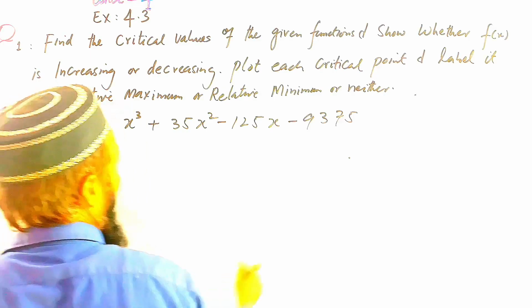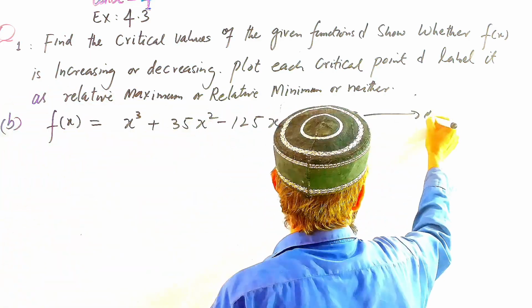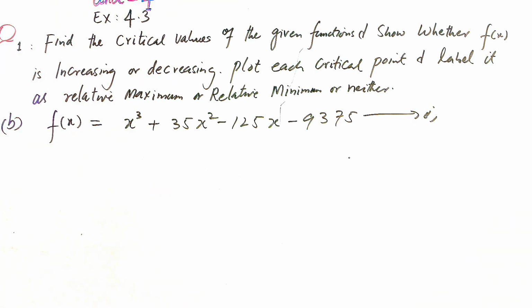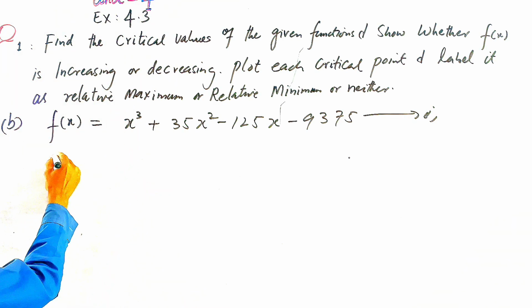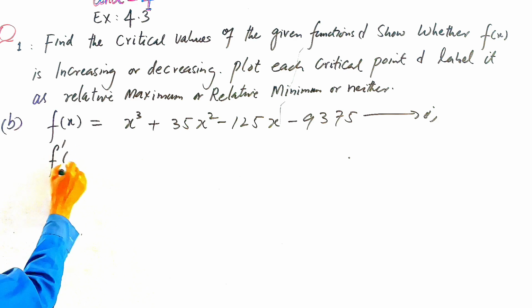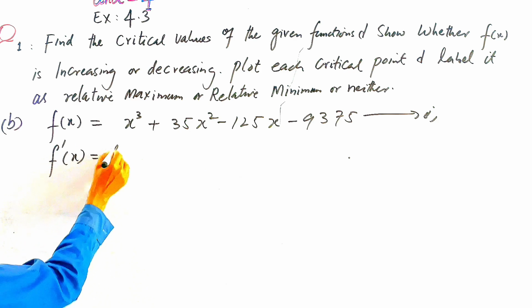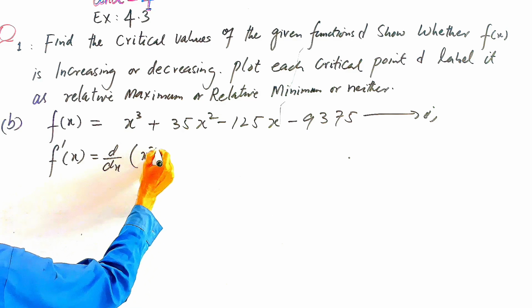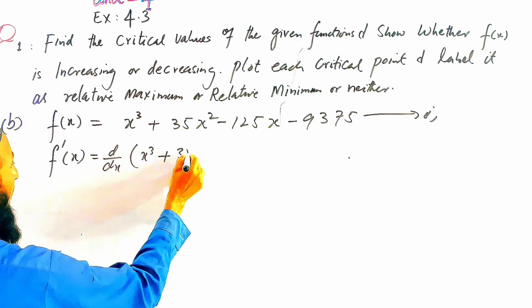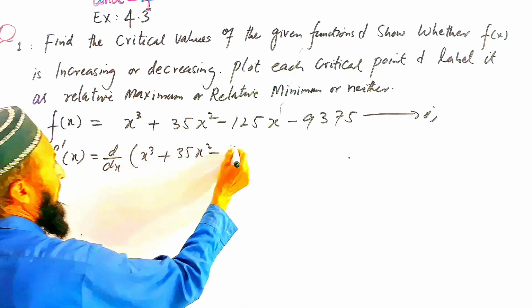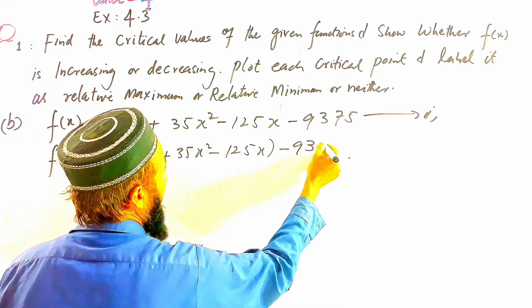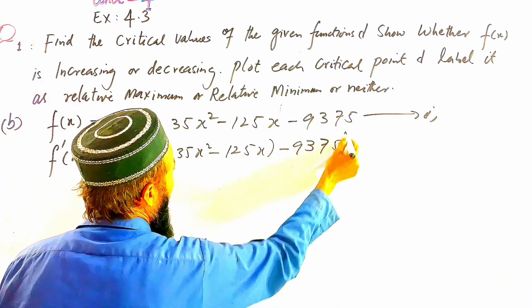So first of all, we give the name of this function f. We are differentiating with respect to x for the critical values. For the critical values, we are differentiating dy by dx of the given function, x cube plus 35x square minus 125x minus 9375.